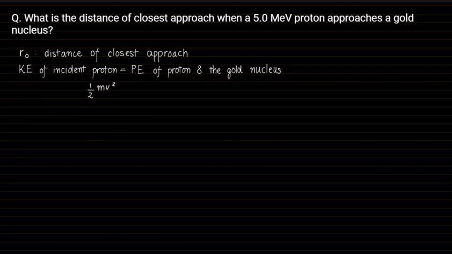The kinetic energy is half mv square, equal to the potential energy, 1 by 4 pi epsilon naught times q1, the charge of the gold nucleus, multiplied by q2, the charge of the incident proton, divided by the distance of the closest approach r0. So how much will be q1? Q1 will be Z times E, the charge of the gold nucleus. And q2, the charge of the proton, will be simply E.